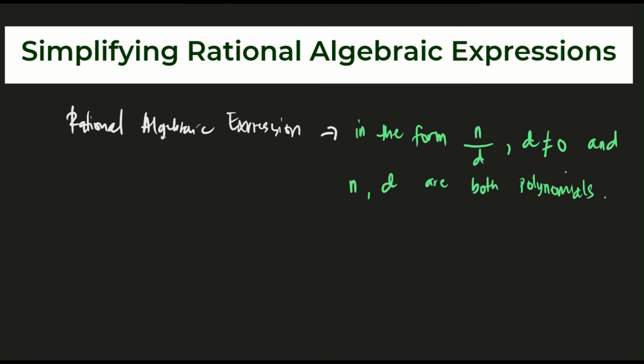Alright? A rational algebraic expression must hold the following conditions. First one, the denominator D could not be equal to 0, and both numerator and denominator must be polynomials. Okay?